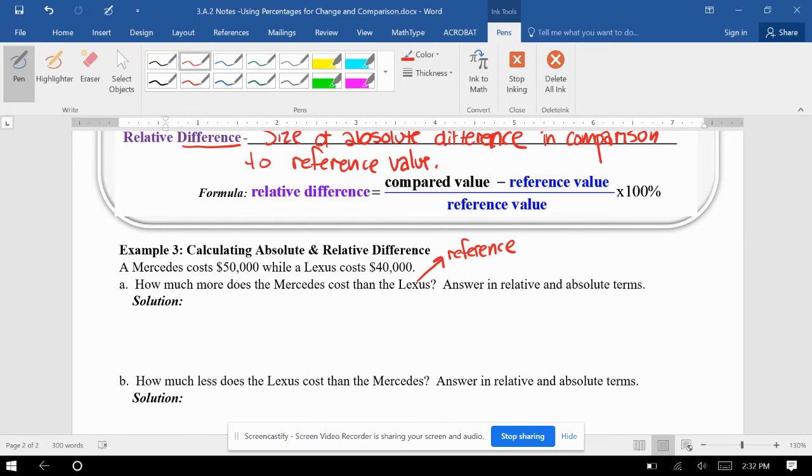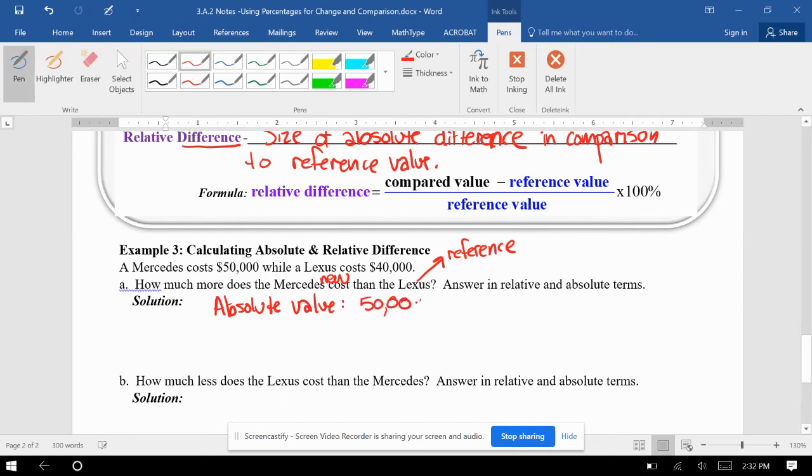Okay, so we're going to do the same formula. We know the reference value. That would make the Mercedes the new value. And then we just use a formula like we did on the front. So if I'm looking for the absolute difference, I would take my new value, the Mercedes, $50,000.